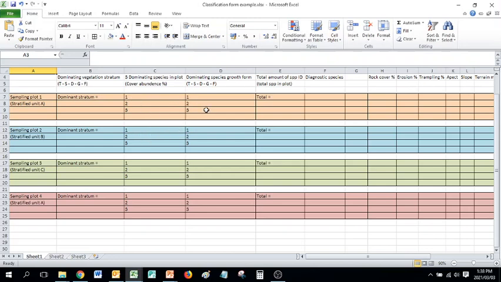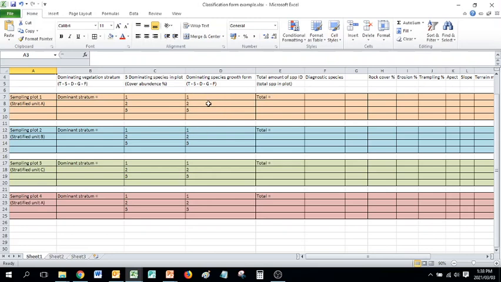Then you go to the next level. So you say cover abundance scale. If there's a cover abundance percentage for each one of these as well, do they look similar in density, yes or no? And then obviously you can go and look at whether the growth forms differ.